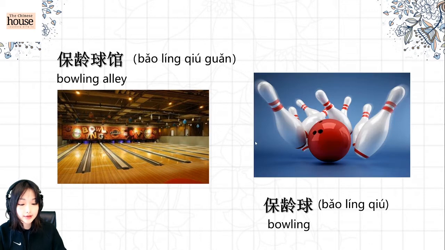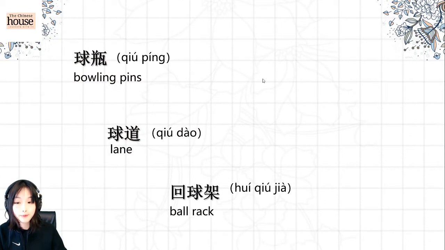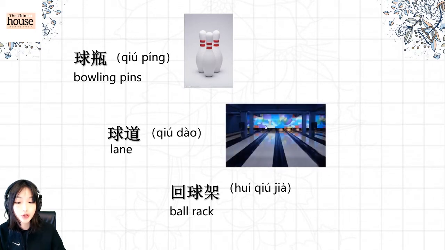So next one, bowling pins. 球瓶. Second tone, 球瓶. And lane, 球道. So 道 here means lane or way.